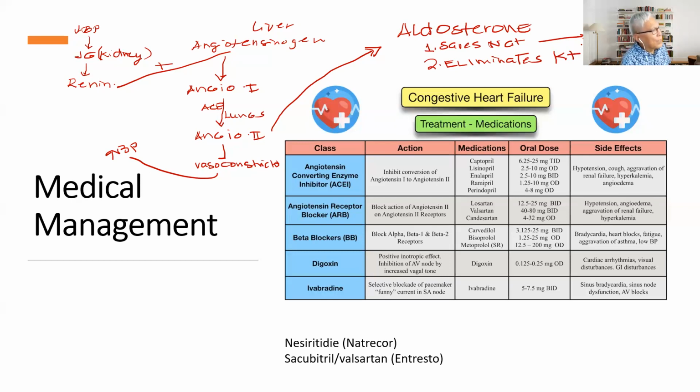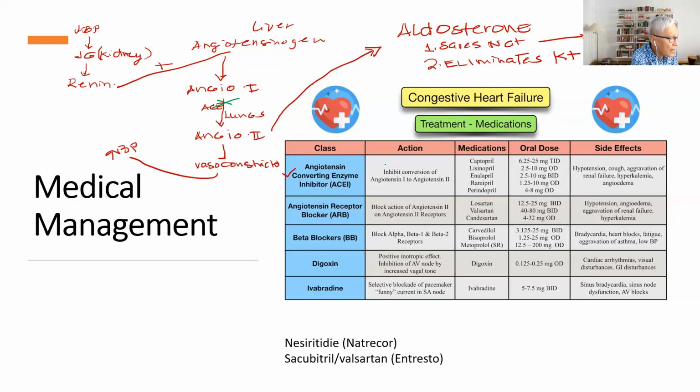Okay. So the first kind of drug that we're going to be using is ACE inhibitors, which means that these are drugs that interrupt the conversion of angiotensin 1 to angiotensin 2 right here. So we're not going to have this happen. And so when you block that, you will not have vasoconstriction, you will not have release of aldosterone.